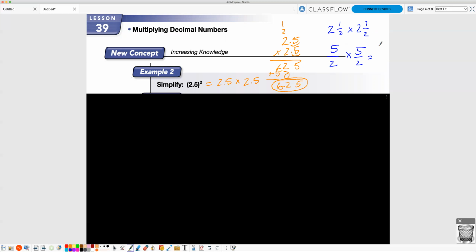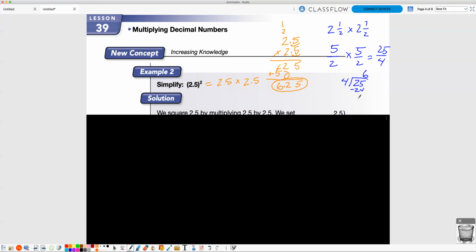This would be 25 fourths, and then I'd have to do 25 divided by 4, and I'd end up with 6, and I'd get to 24, and then I'd subtract that. I'd have 1 remainder over the denominator of 4. It'd be 6 1/4 as a fraction. The decimal version of this is actually easier, but you get 6 25 hundredths is the equivalent to 6 1/4.